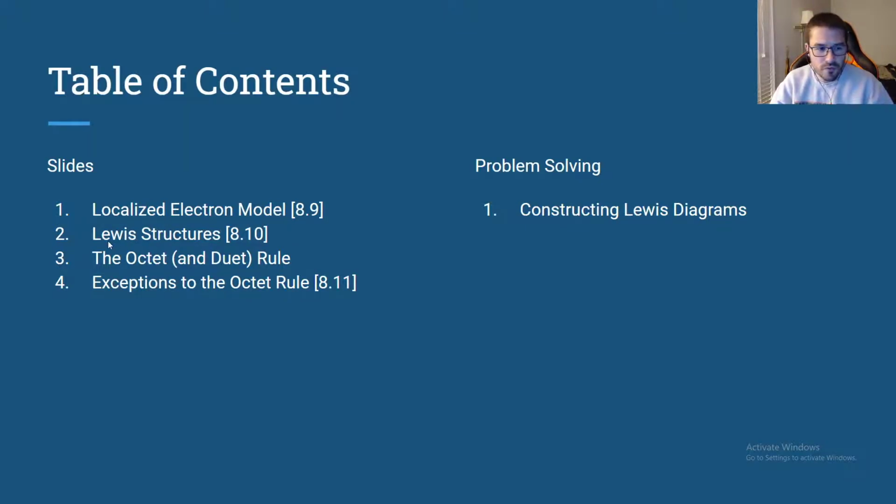We're going to look at some Lewis structures, the octet and duet rule, mainly the octet rule, and then some exceptions to the octet rule. Okay, and you can find this stuff in your textbook in Chapter 8. Like I said, the problem-solving portion of the video is going to be a little bit longer than this. I'm going to actually go through some examples of how to draw or construct these Lewis diagrams.